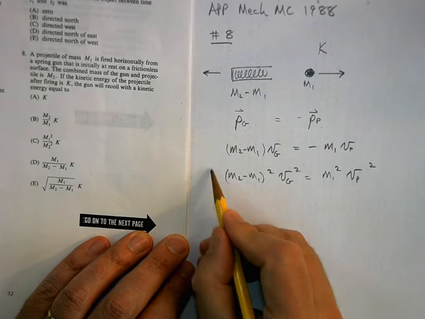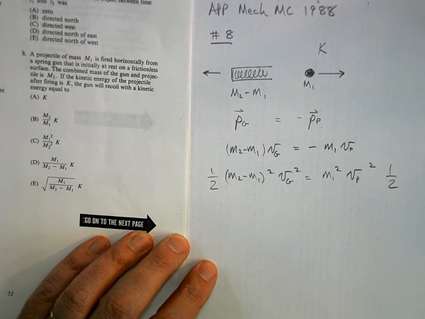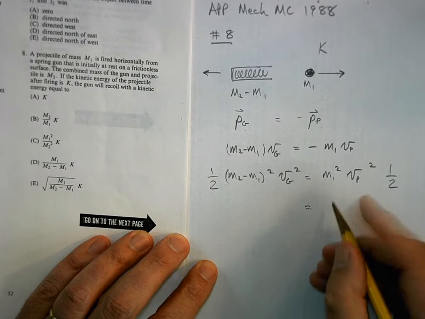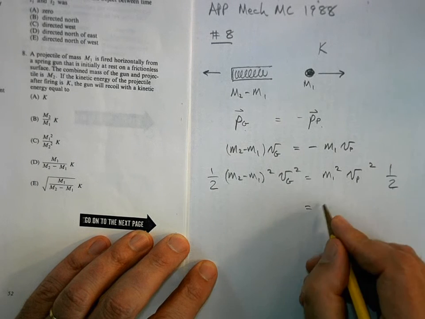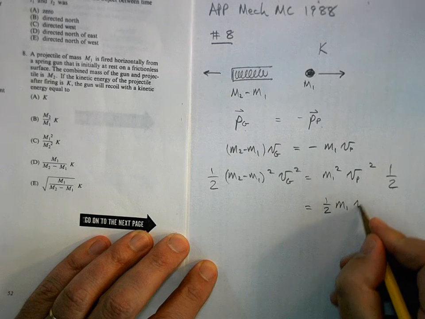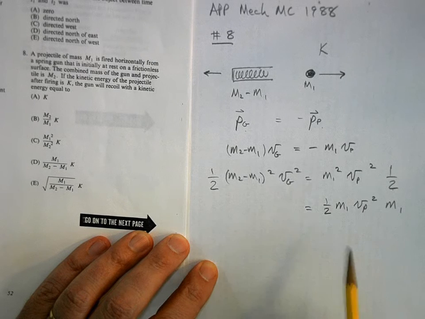Now, I'm going to multiply both sides by 1/2 because I can. And now look what I've got here. I've got 1/2 M1 VP squared times M1. Do you see what I did there? I took the M1 squared and split it up.